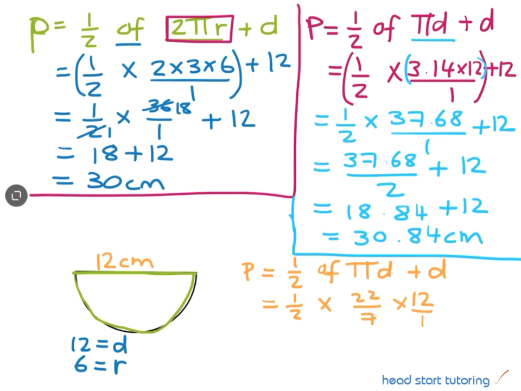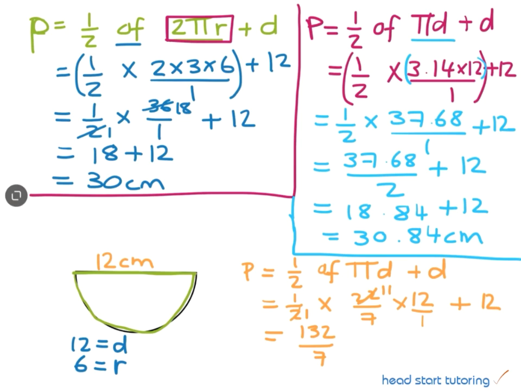We can put that over 1, and then we plus 12 at the end. We end up with 132 over 7, because we could cross cancel there. 2 fits into itself once, and 2 fits into 22 11 times.